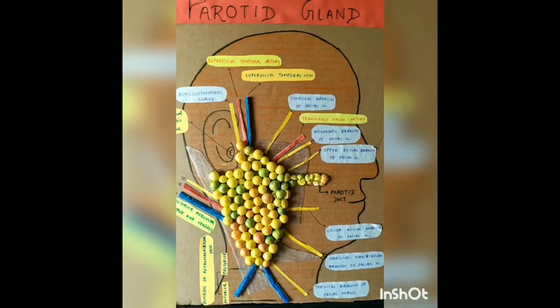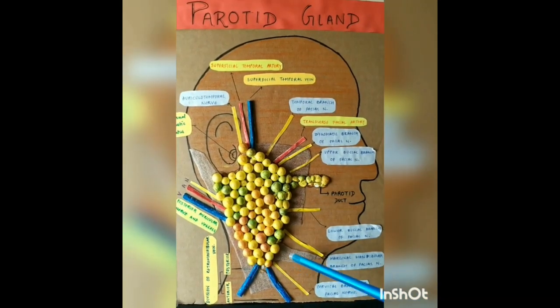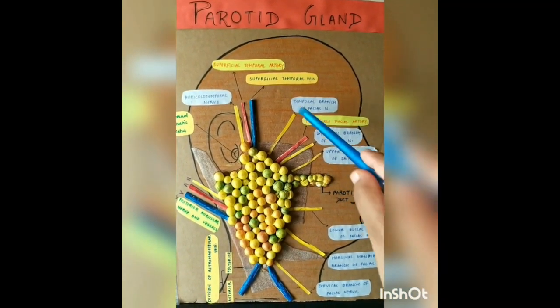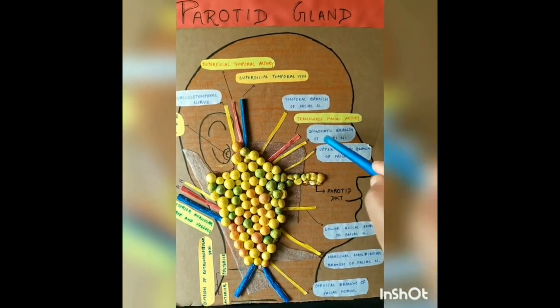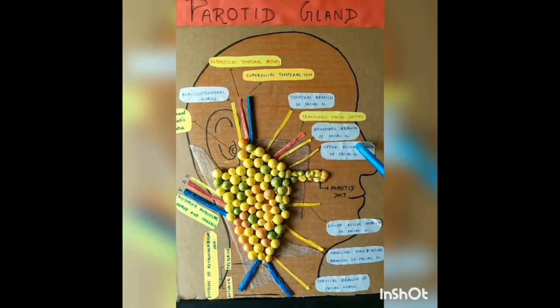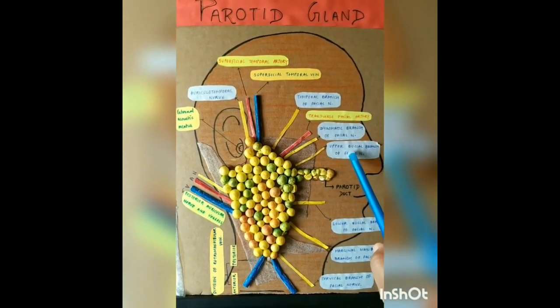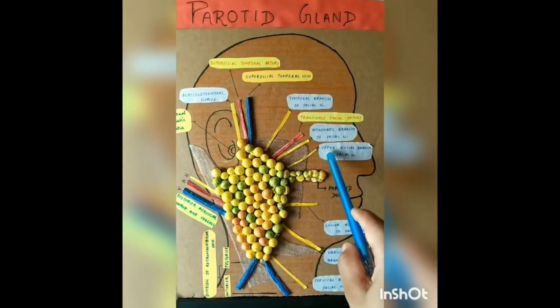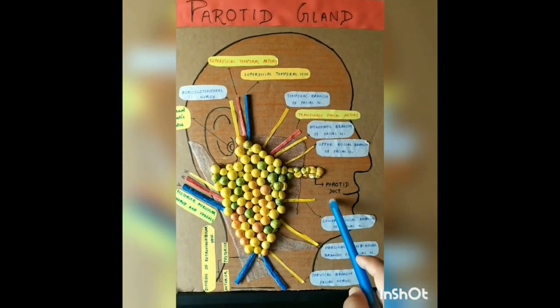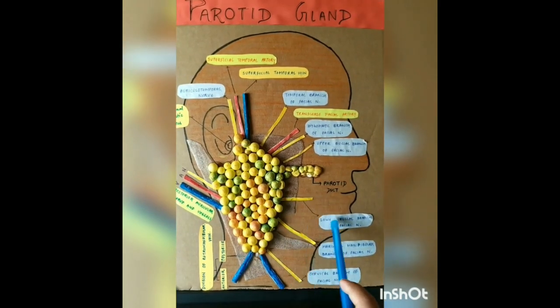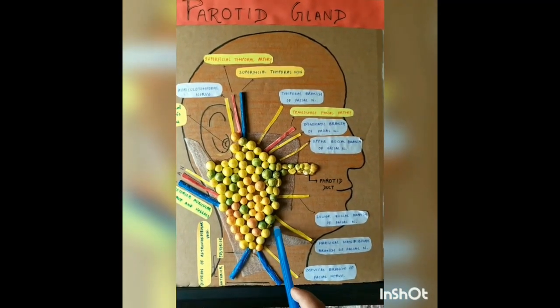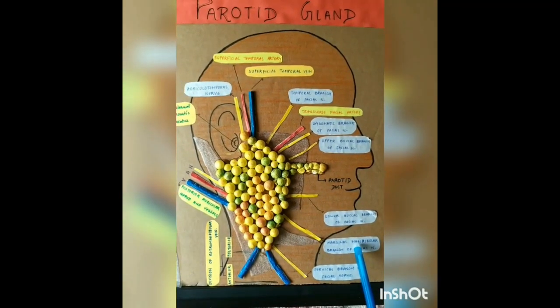So let's revise quickly. The anterior border is related to the temporal branch of the facial nerve, transverse facial artery, zygomatic branch of the facial nerve, upper buccal branch of the facial nerve, above the parotid duct. And below the parotid duct, it is related to the lower buccal branch of the facial nerve and marginal mandibular branch of the facial nerve.